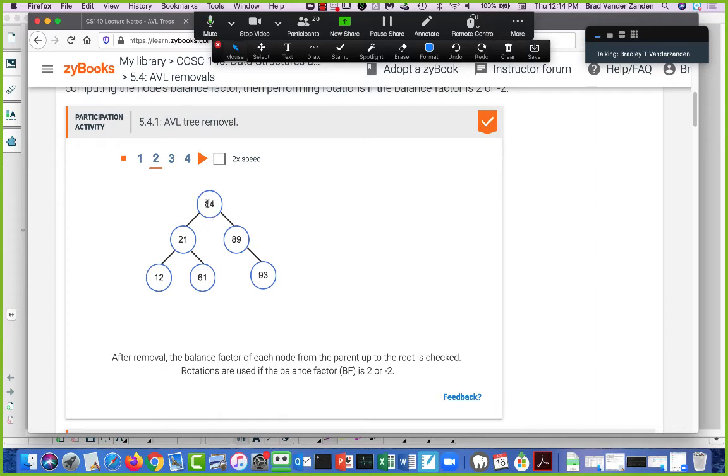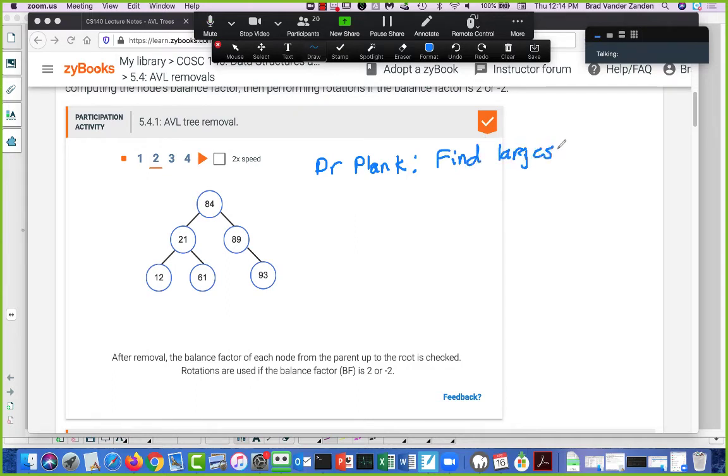Now 84, if you remember, Dr. Planck wants you to find the largest key in the left subtree. So that's what you'll need to do for Dr. Planck's AVLTree lab.